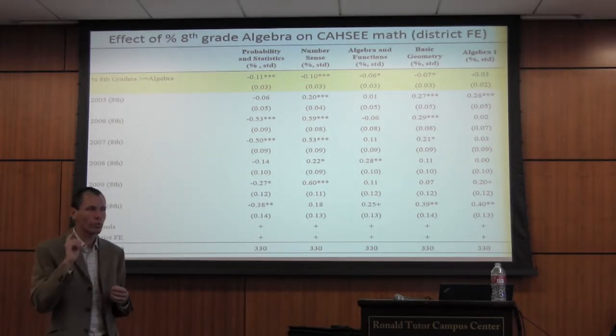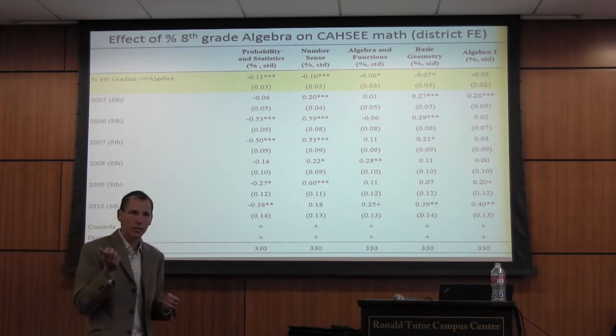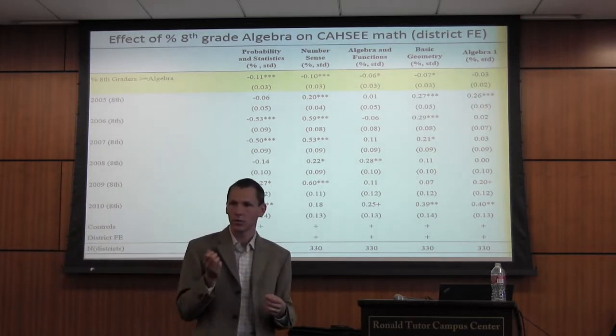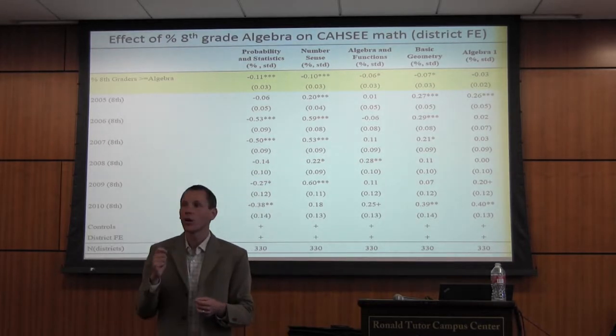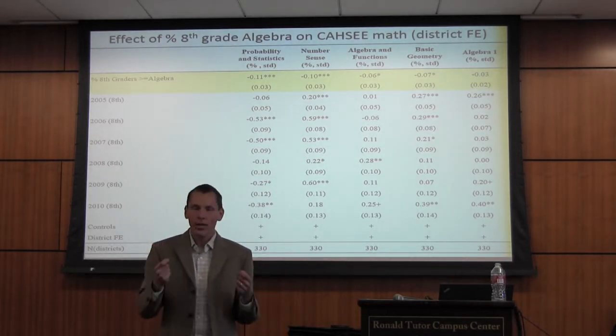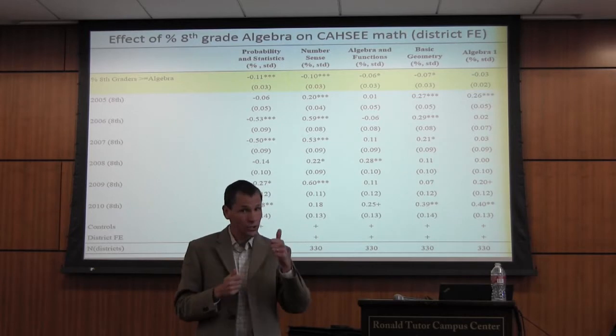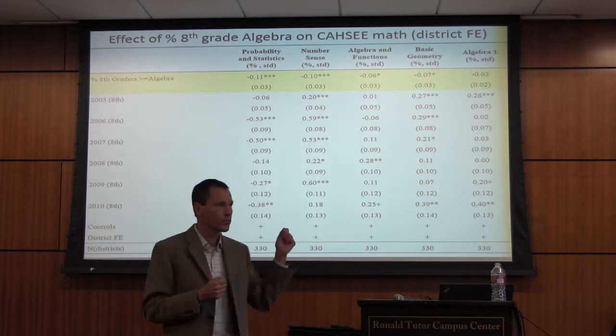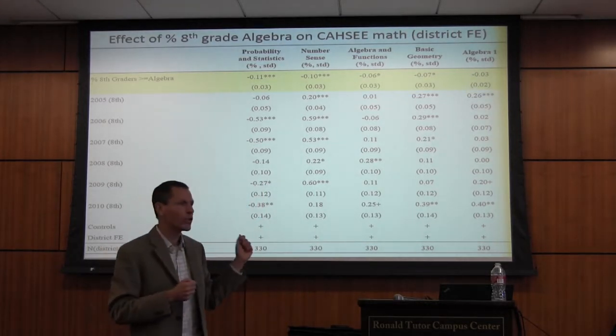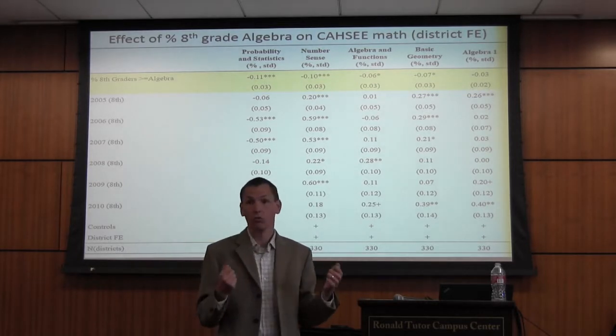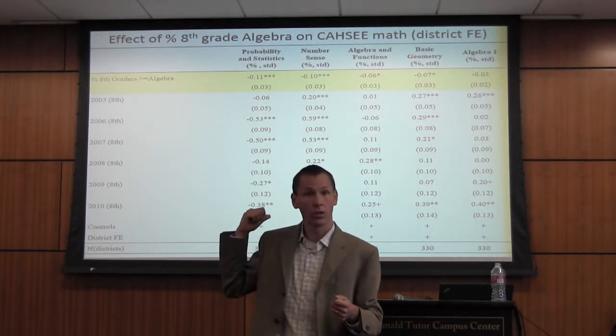The one place where we found a little bit of wiggliness in these is about how you count districts. When you count every district as one district, these results look a little bit better. When you weight districts by the number of kids who are enrolled in the district, these results look a lot worse.